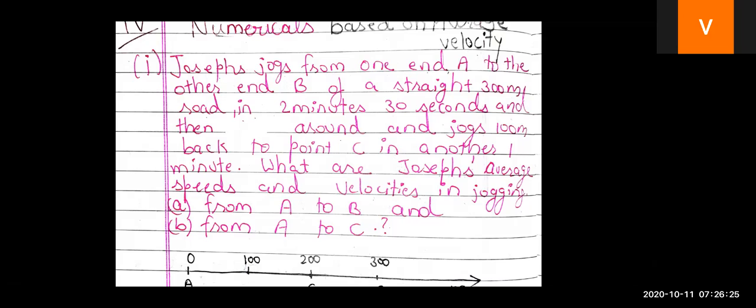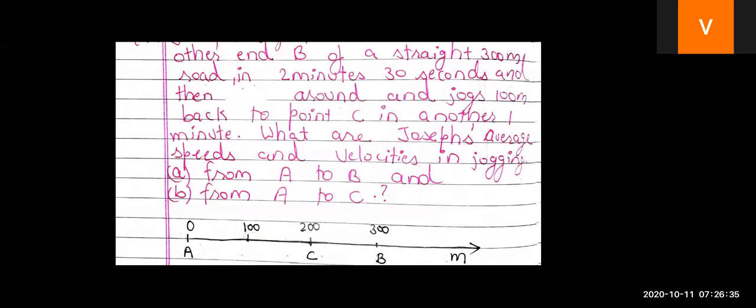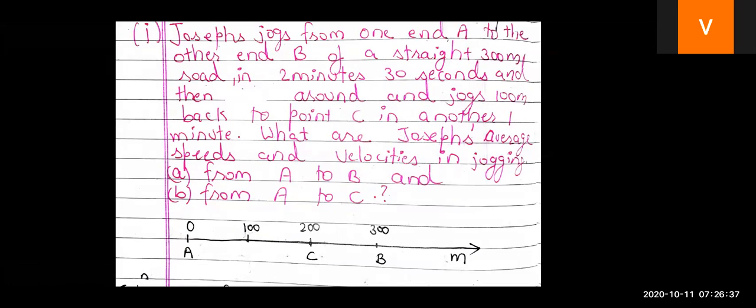So Joseph is doing jogging from point A to point B, which is at a distance of 300 meter, in 2 minutes 30 seconds.